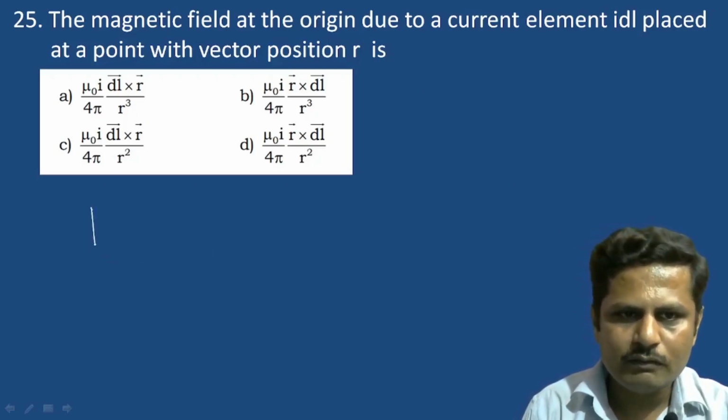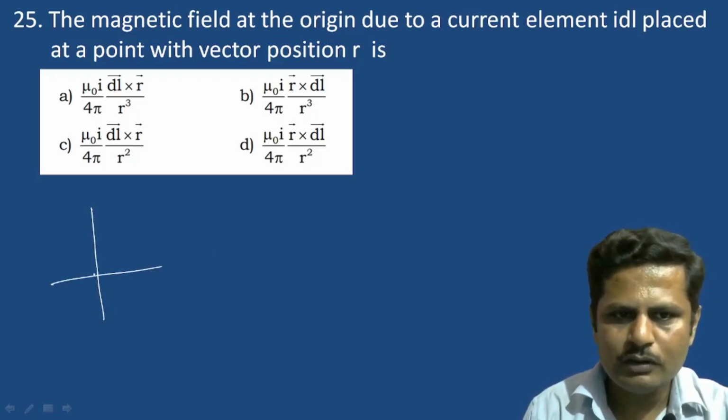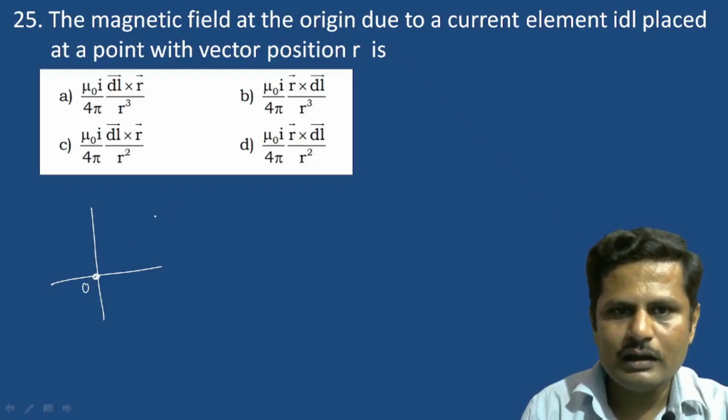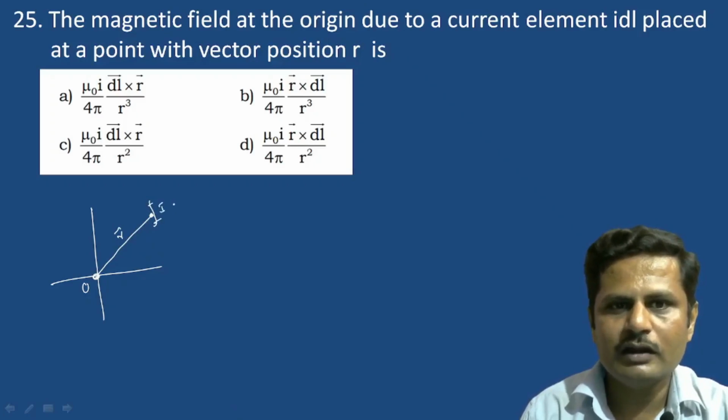Our aim is to find the magnetic field at O, the origin, and the current element is placed at a point with a position vector, let me say this R vector. At this point we are placing the current element, I dl. Now we need to find the magnetic field at O.